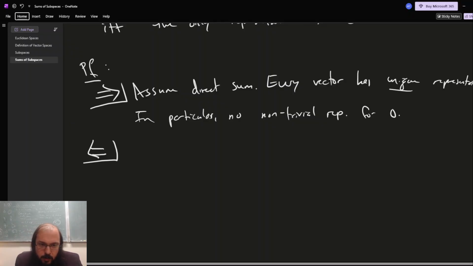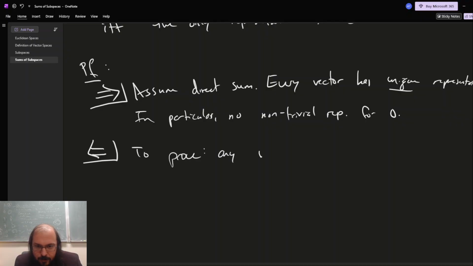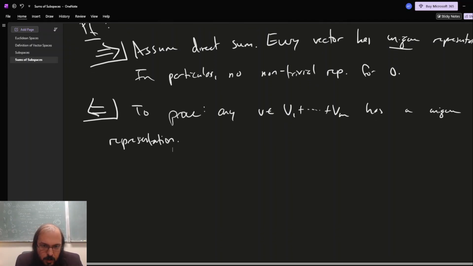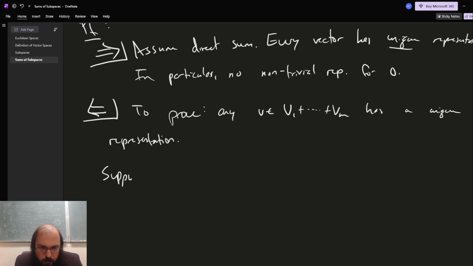So, in other words, I need to prove any v in V1 plus ... plus Vm has a unique representation. Well, here's how we can do that. Suppose not. Suppose that v has two non-trivial representations.